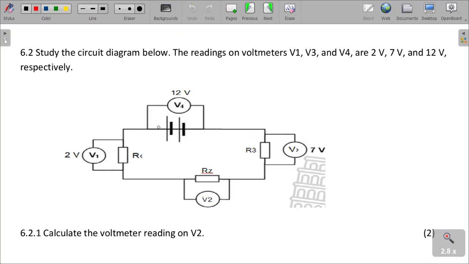We have 2 volts, and then we have 12 volts, and this is R1, R2, R3, which is also showing our V1, V2, V3.